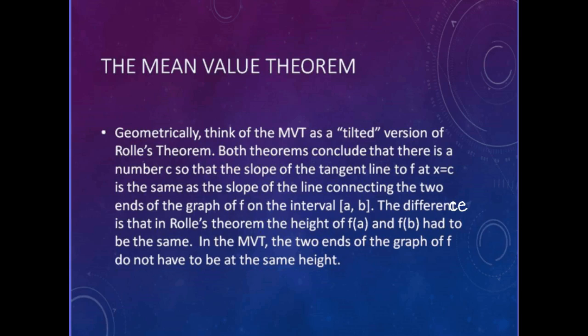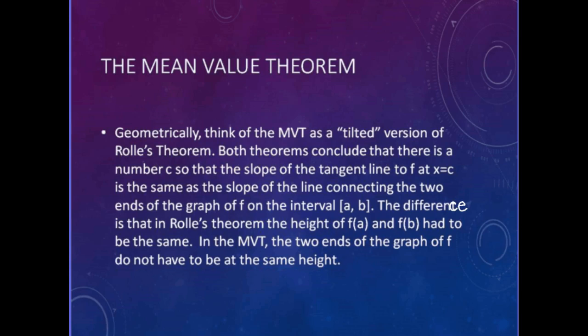So geometrically, think of the mean value theorem as a tilted version of Rolle's theorem. Essentially, in Rolle's theorem, A and B were horizontal. Now we're saying A and B don't have to be horizontal to each other. A can be here and B can be here. A can be there and B can be here. Do you see the tilted aspect to it?